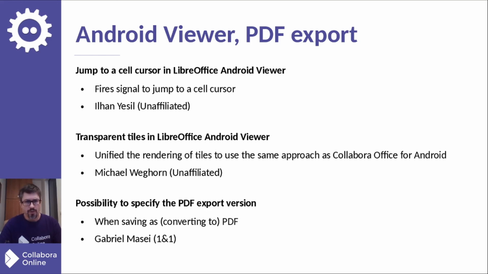So transparent tiles are possible even in the LibreOffice Android viewer. And Gabriel Massey from 1&1 has implemented the possibility to specify the PDF version when you are converting documents to PDF or outputting them as PDF.